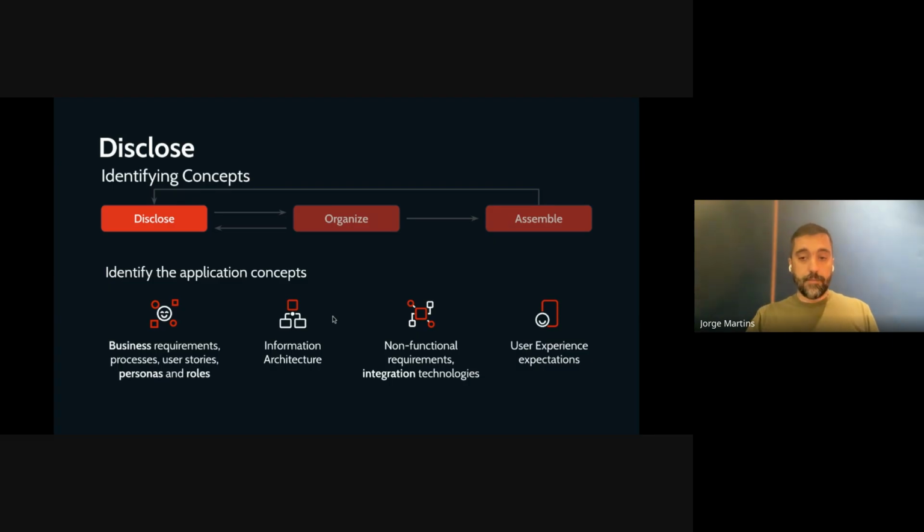Last bit, user experience expectations may help color the concepts that we identified and how they will be perceived and manipulated by end users. So it gives us more context about the concepts, their meaning, and how they are going to be used by our users.